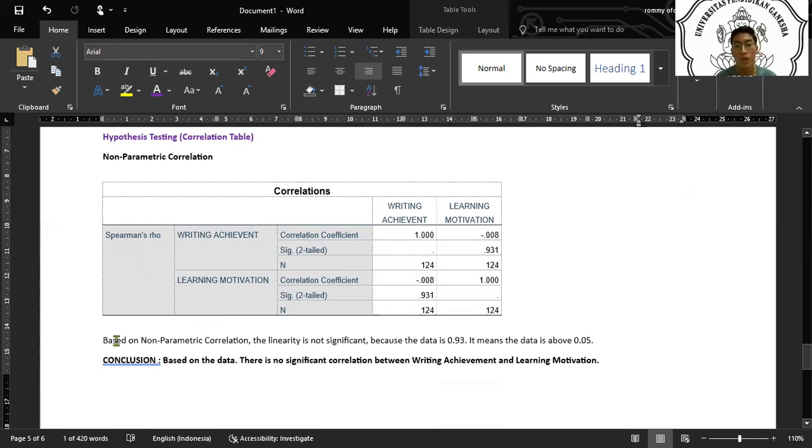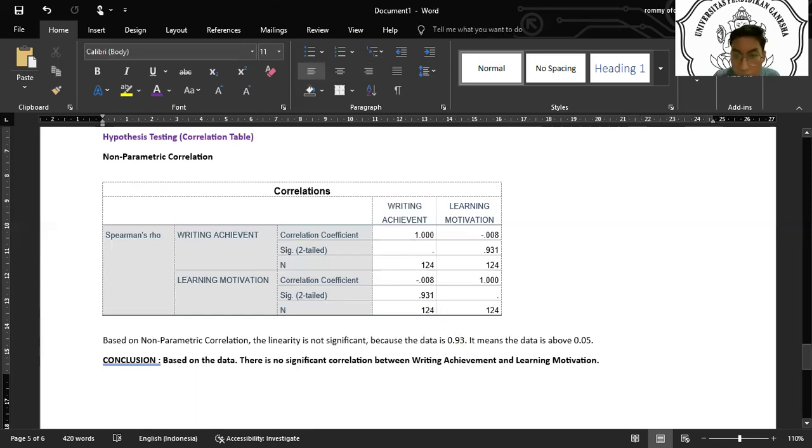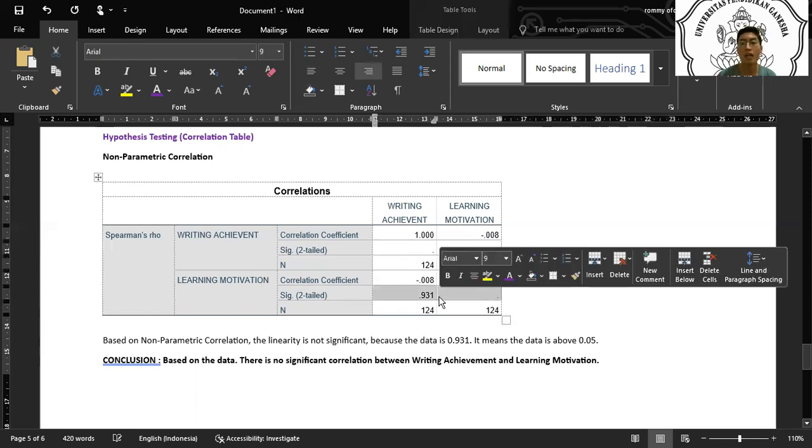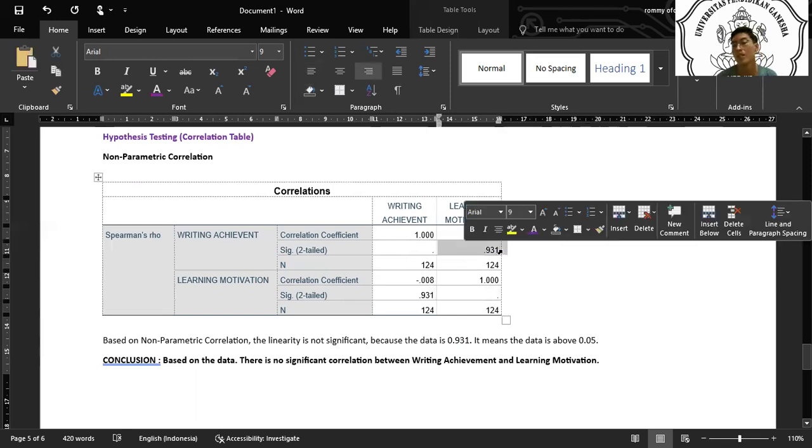Based on the non-parametric correlation, the linearity is not significant because the data is 0.931. It means the data is above 0.05. You can see the data is 0.931.